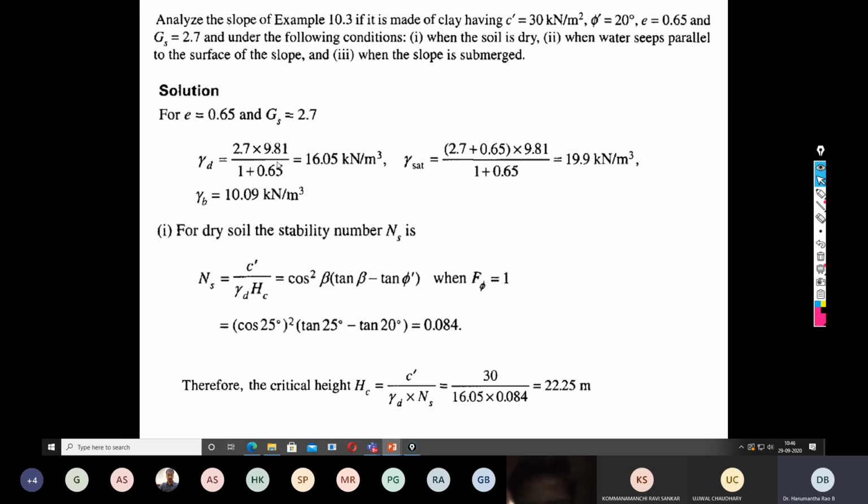So gamma d is G into gamma w by 1 plus e, and in general gamma is (G plus Sr e) into gamma w by 1 plus e, where Sr is the degree of saturation. For the dry condition, Sr is 0.